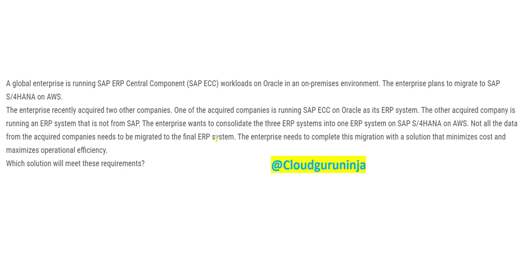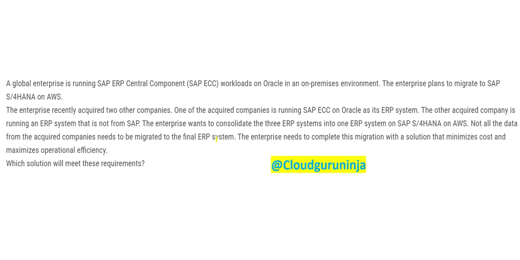There are three systems, one running on SAP ERP on premises, the other is SAP ECC, and the third is not from SAP. So what they have to do is consolidate all three into a new system.